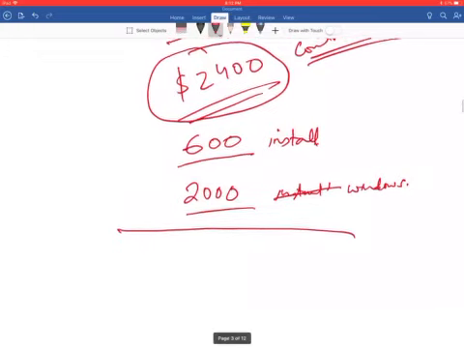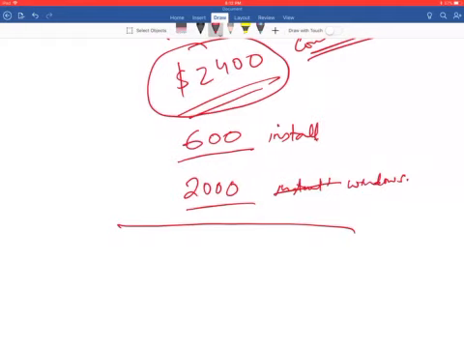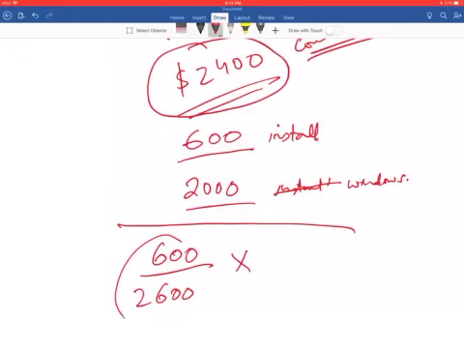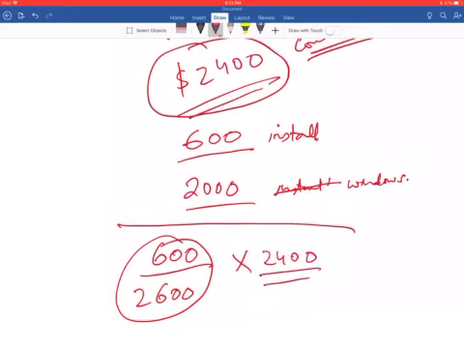It's an attractive price. So now you allocate: the standalone $600, divided by $2,600, which is the sum of the standalone prices for both obligations, gives you a proportion, a percentage, and you multiply that by $2,400, which is your transaction price.